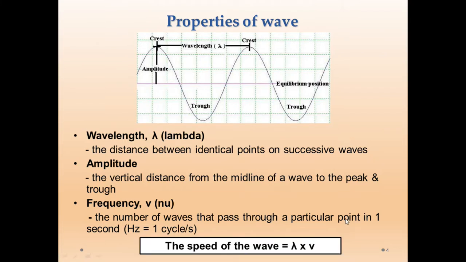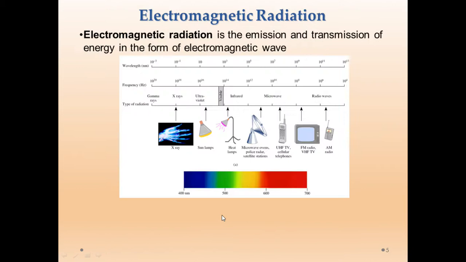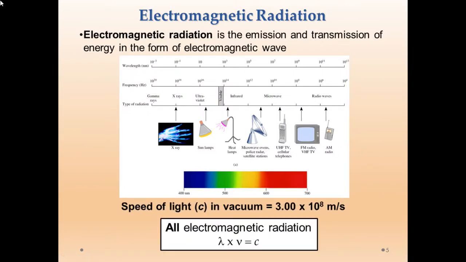Now the speed of a wave corresponds to the speed of light, and this is the lambda, and this is your frequency. So what is so important about this formula? We can calculate the wavelengths of different regions, let's say gamma ray, X-ray, by just knowing the frequency.